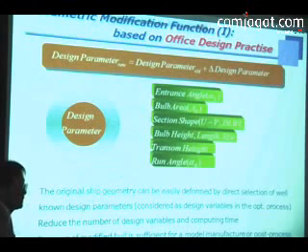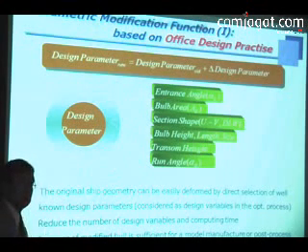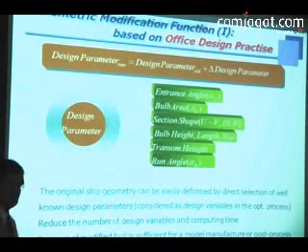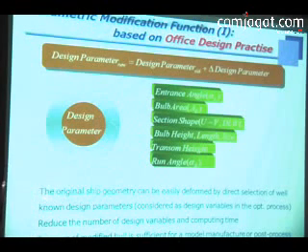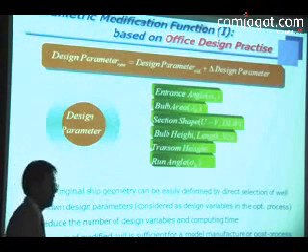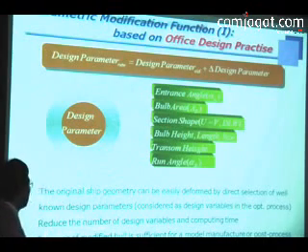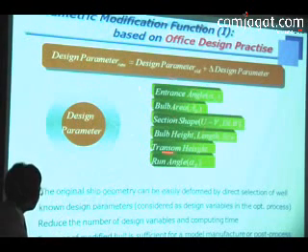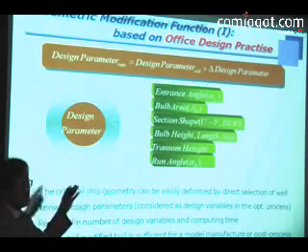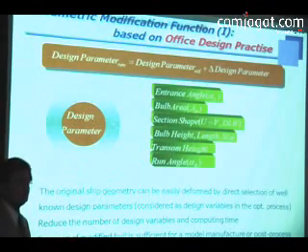This can be a function of one dimension, two dimension, or three dimension, depending on the freedom. The original geometry can be easily defined by direct selection of well-known design parameters, as I mentioned here. With this design variable, computing time can be reduced a lot. Fairness is always guaranteed. That is the advantage. But still, we are handling this kind of parameter. The restriction of hull generation is limited, as I mentioned.